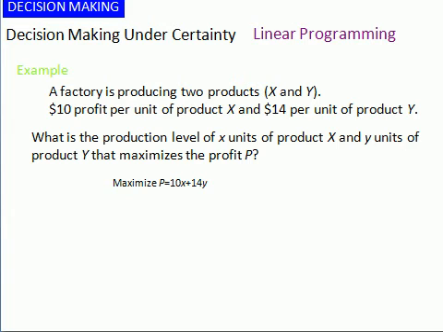So let's see, if there are no constraints, one would say just produce product Y, no need to produce product X, because product Y is giving me more profit.